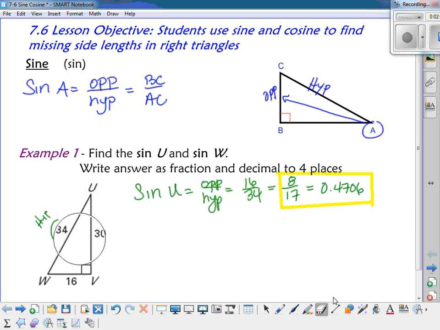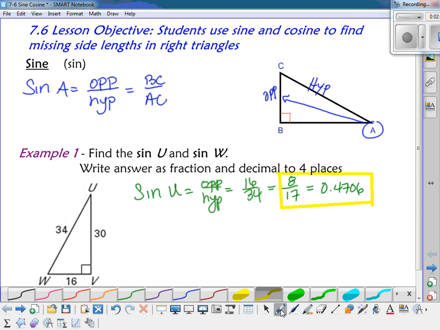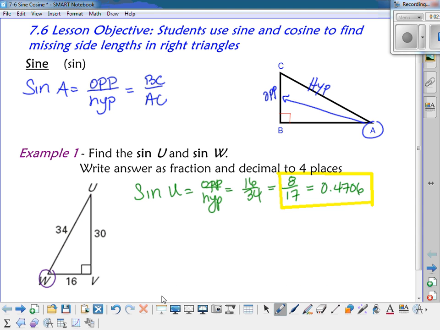All right, now let's take a look at angle W. The hypotenuse is still the same, and the opposite now is the 30. So the sine of W is going to be 30 over 34, and that can be reduced by dividing by 2.